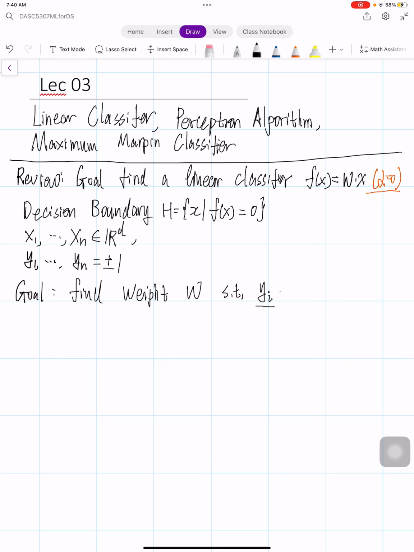So y times omega dot product with x should be greater than or equal to 0. This is equivalent to finding omega which is a minimizer.